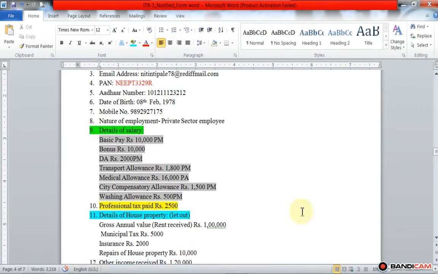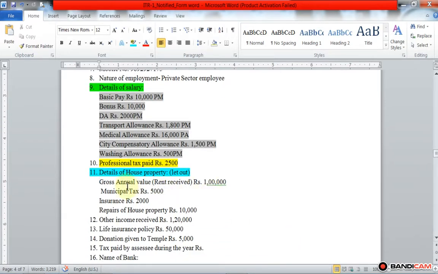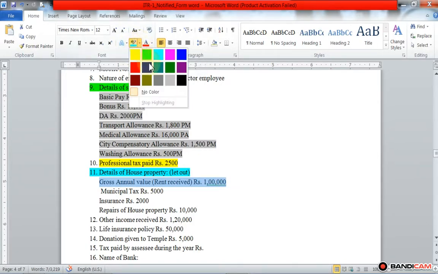The first information given in house property is the gross annual value, that is the rent received, rupees 1000 per month.